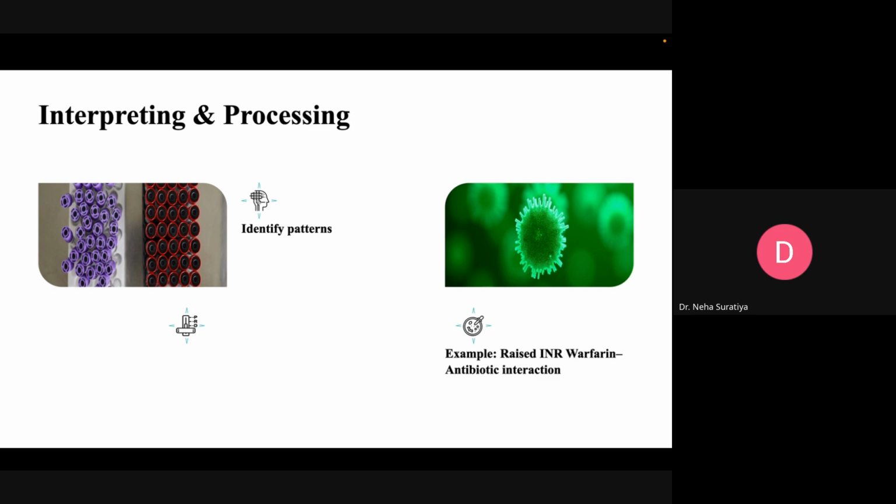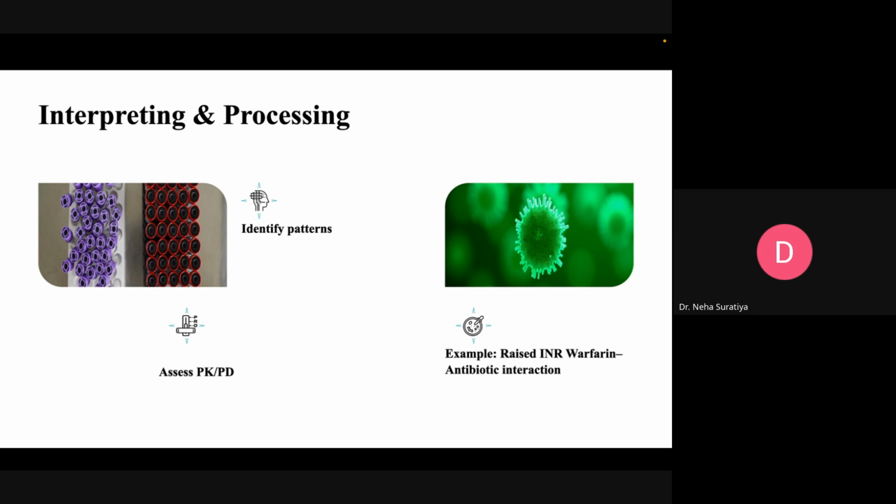In short, we can say interpretation and processing means understanding what is abnormal data and connecting it with possible causes to guide safer therapy. This is how you can analyze things. Interpreting and processing is a very important terminology you should be aware of.